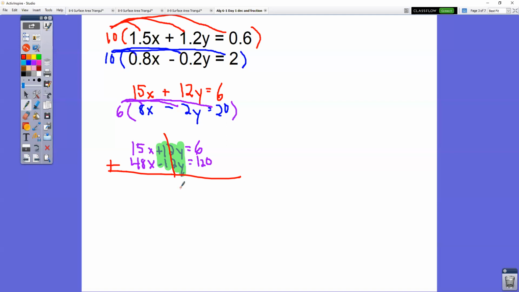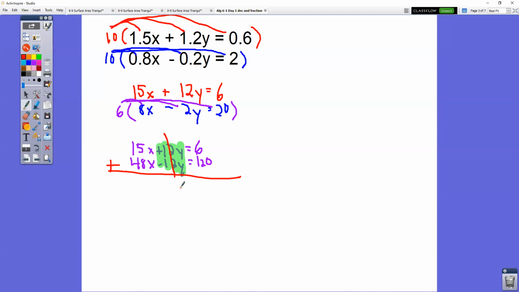So the first thing that we want to do is add going down. After you solve for your x, make sure that you sub it into your y.